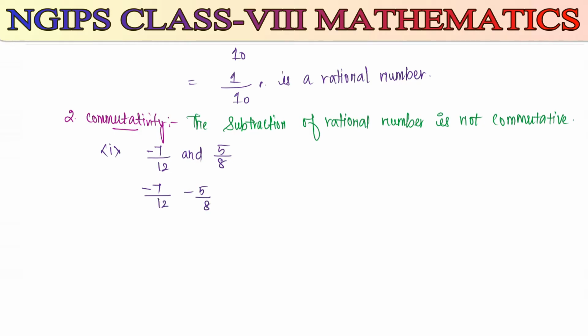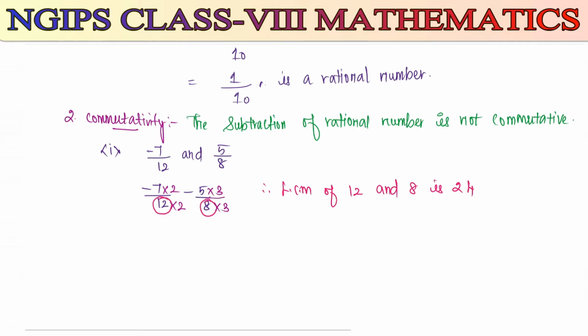Here the denominators are not same. The first denominator is 12 and the second denominator is 8. Therefore the LCM of 12 and 8 is 24. To get the denominator as 24, I need to multiply both numerator and denominator by 2 in the first term, and in the second term we have the denominator 8, so I need to multiply by 3 in the numerator as well as the denominator.